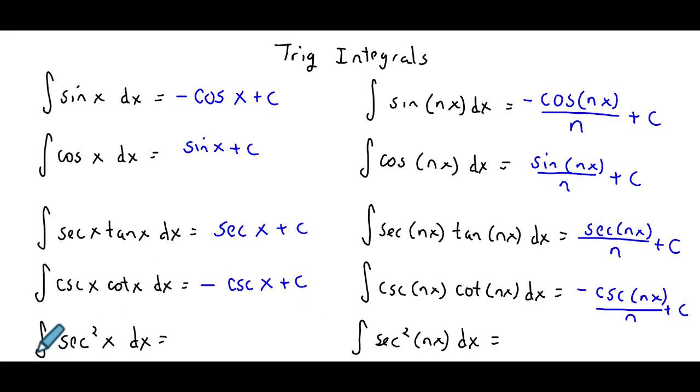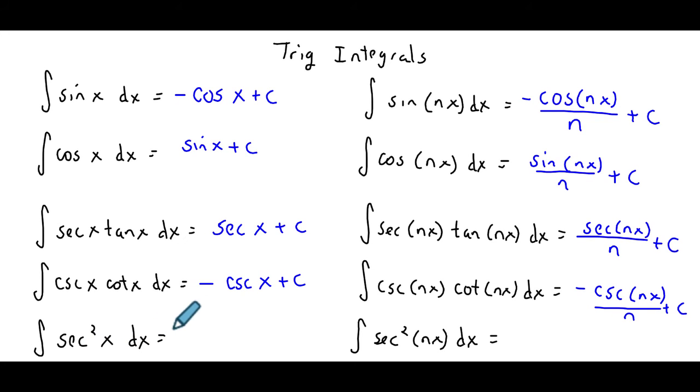And then if we're going to integrate secant squared of x, it is equal to tangent of x plus c. And so the integral of secant squared of nx dx is equal to tangent of nx over n plus c. And we have one more I could not fit on here, so let me scroll up for the next one.